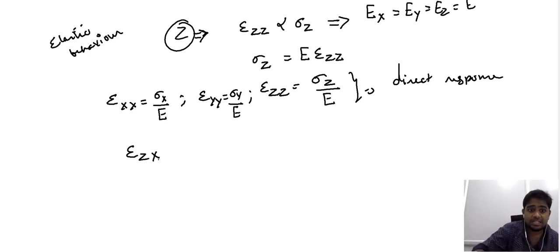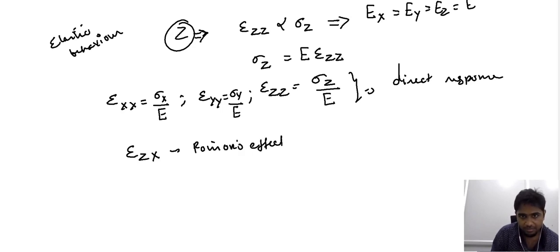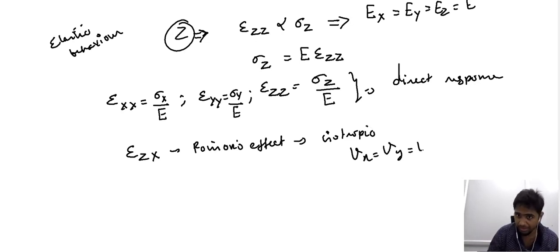Since this response is brought about by the Poisson's effect, we can use the Poisson's ratio to describe this strain. Assuming that we are considering isotropic material and sustaining that assumption, the Poisson's ratio along the x-axis is equal to the one along the y-axis and also along the z-axis, so it's a constant.